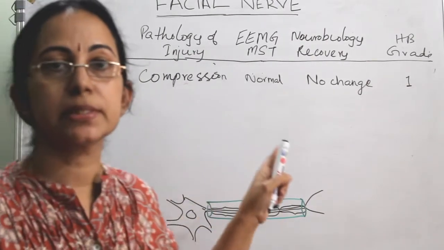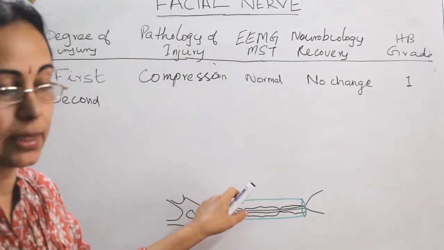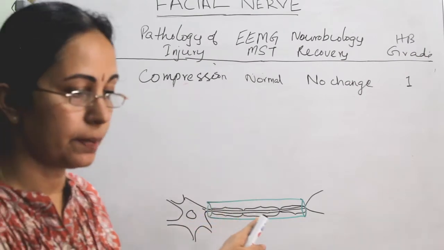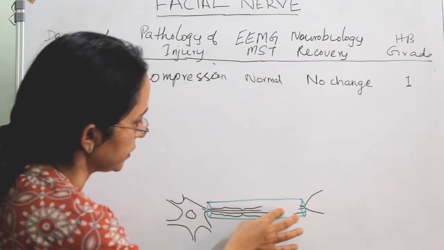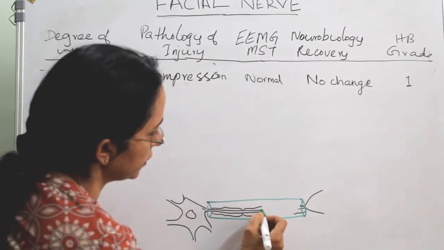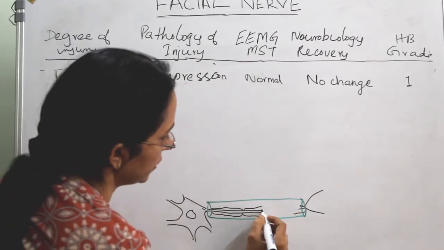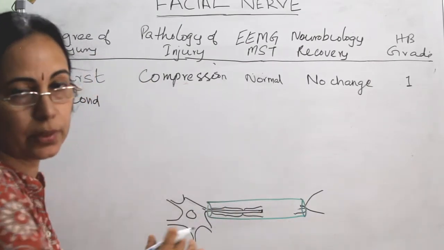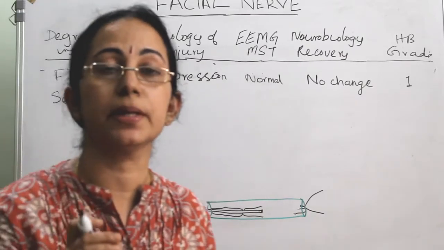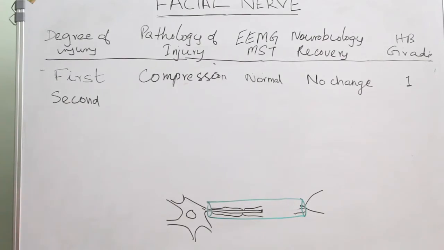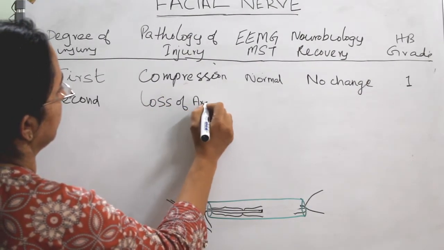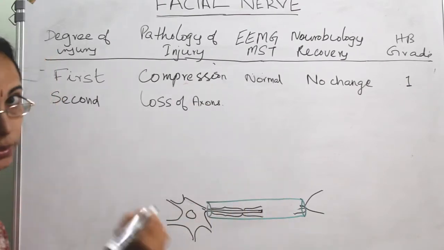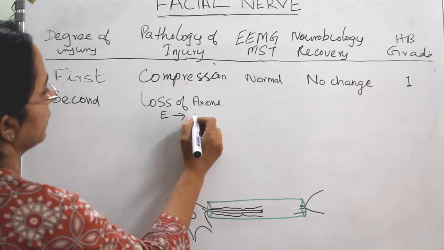Here this compression is persisting, so there is increased intraneural pressure. So what happens? The axons are lost. If there is an injury here, there will be loss of axons from this area. But this endoneural nerve sheath, the tube, remains intact, right? So there is loss of axons, and this endoneurium is intact.